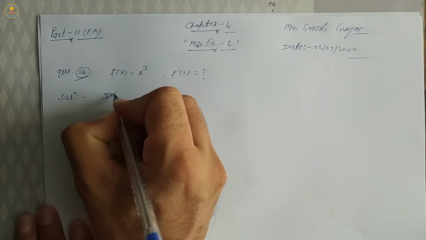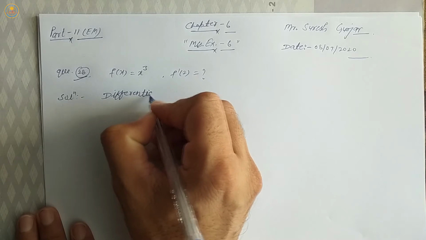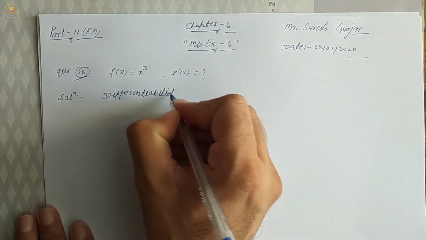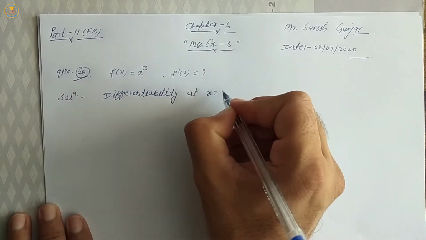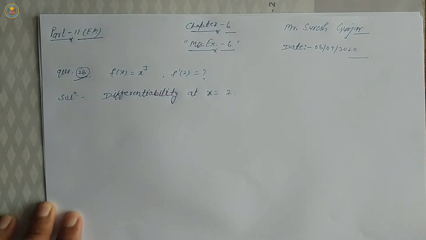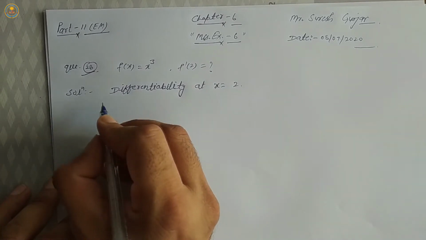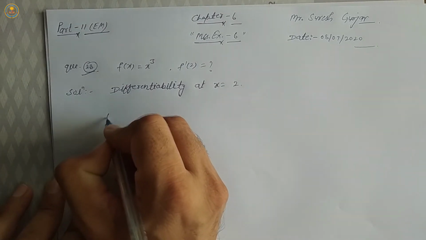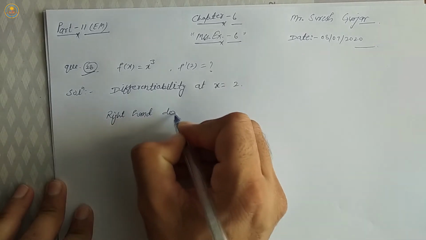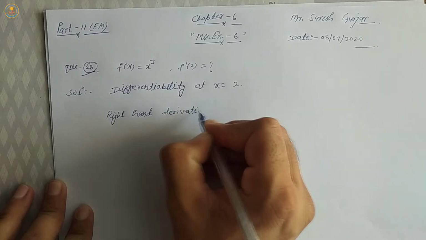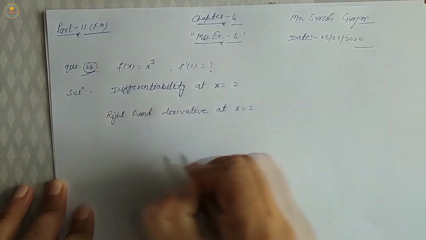Solution. Differentiability at x is equal to 2. RHL is equal to right hand derivative at x is equal to 2.